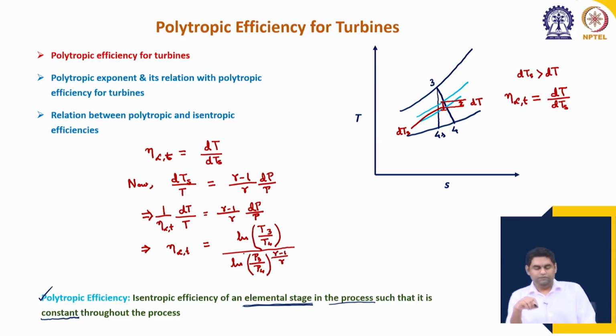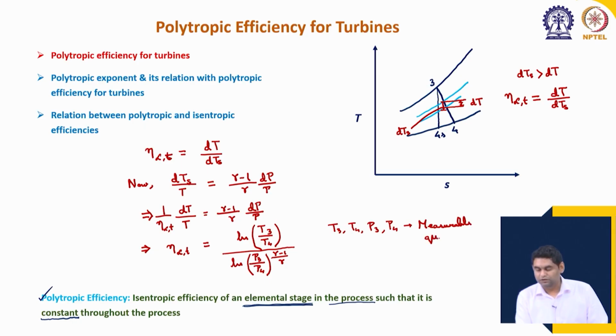This is the expression for the polytropic efficiency of a turbine, and the importance of this expression is that T3, T4, P3, P4 are measurable quantities. At the inlet and outlet we can measure these easily, which means that we can easily calculate the polytropic efficiency. So, this is the benefit, apart from the fact that it remains constant, this is also an easy way to find the variation.